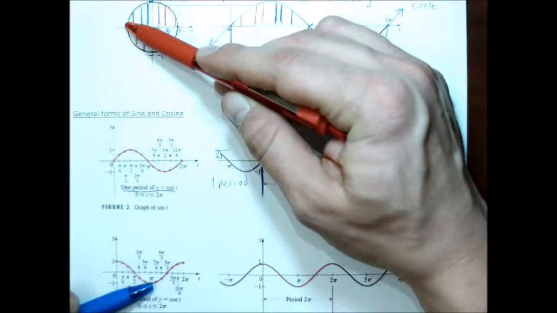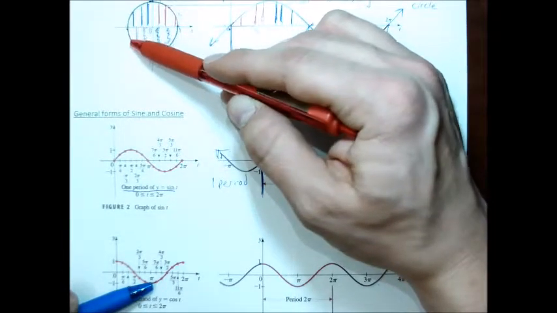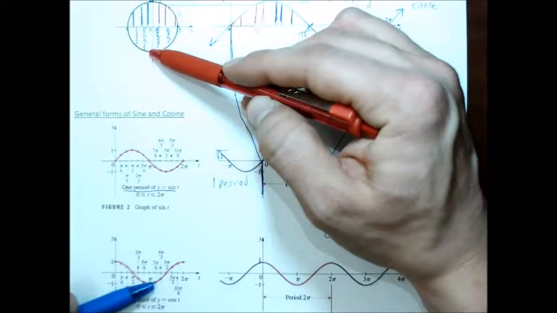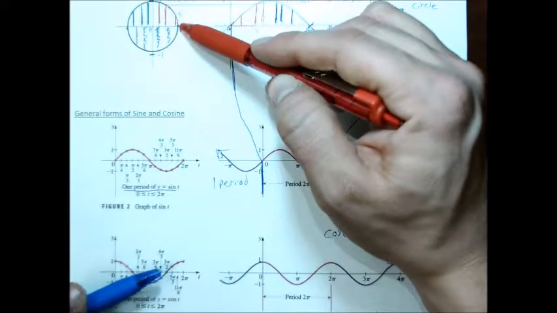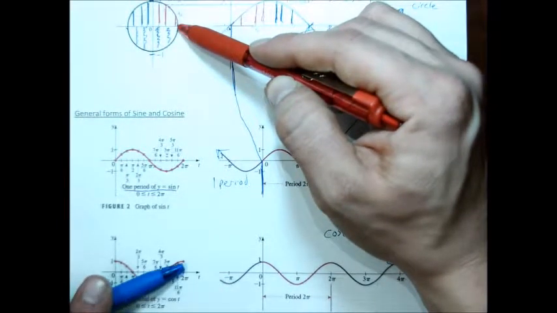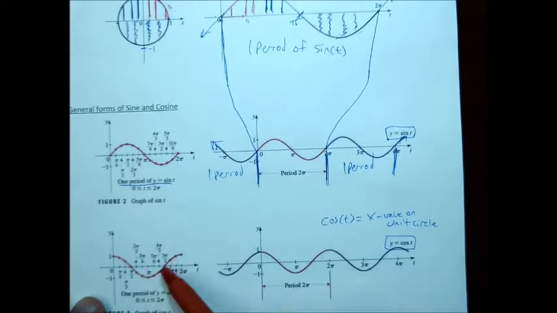And then as we move from pi to 3 pi over 2, the x values go back to 0. And so down here, they go back to 0. And then the x values on the top here go back to 1. And you can see it on the bottom graph, they go back to 1. And so this graph, if this is one period of sine, this is one period of cosine.